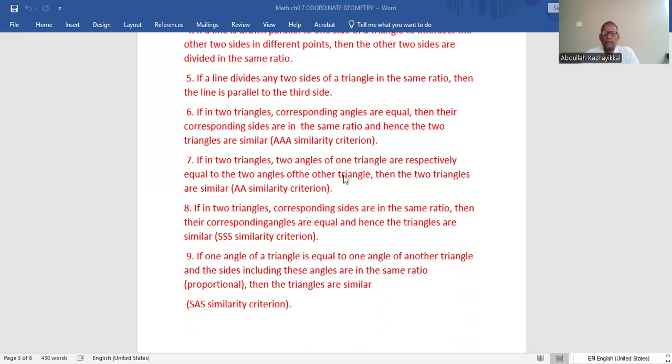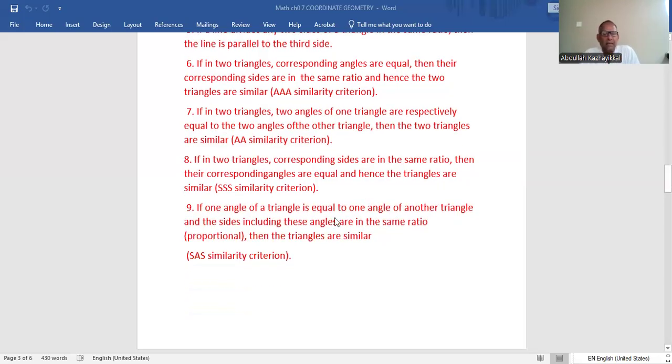In two triangles, if two angles of one triangle are respectively equal to two angles of the other triangle, then the two triangles are similar. For angles, no proportion, that is equal. That is AA similarity. SSS, that you know, same thing as congruency also SSS. But in congruency all sides are equal, but here proportional.